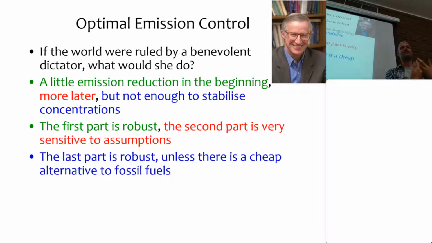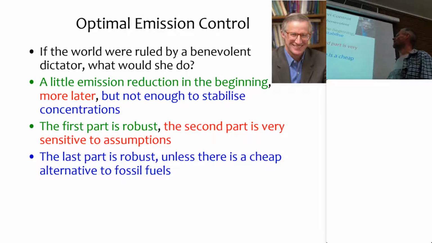The short-term elasticity is very low. So if you start with a big carbon tax, then essentially you're just imposing a cost on people without changing their behavior, right? So, and we talked about this also, about what is the optimal timing of emission reduction. This is essentially the same result. The first part, you always want to start modestly and then accelerate.